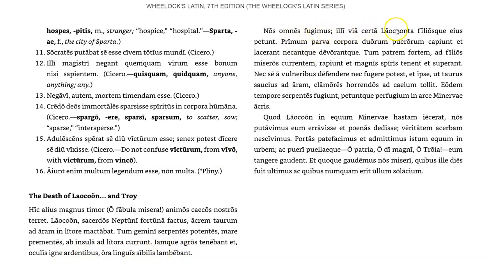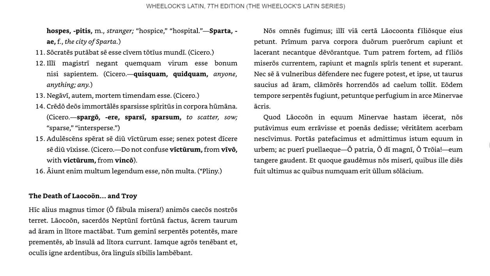Everybody's fleeing, and Laocoon is seeking his sons, who seemingly are ensconced in this terror of these snakes. And the first boy of the boys is taken into its mouth and lacerated and devoured. And then the father runs to his, literally, miserable sons, his sons in pain, and he takes the two.